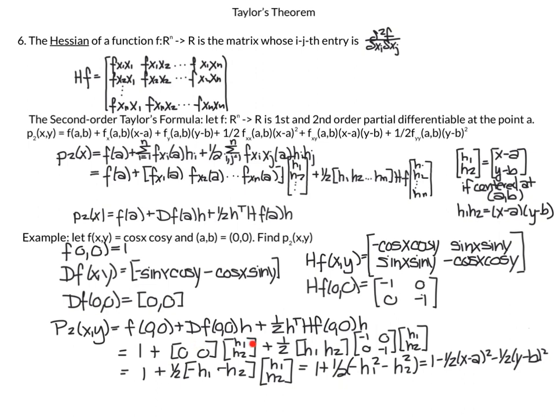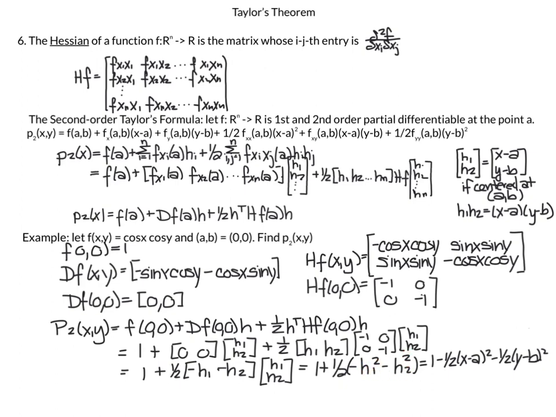And I have my 1. This becomes 0. This is 1/2. And when I multiply this, I get minus h1 plus 0 for our first term, and then the second term will be 0 minus h2, and I'm going to multiply that times h1, h2, so this I carry over my 1/2, doing my matrix multiplication, I get minus h1 squared and minus h2 squared.